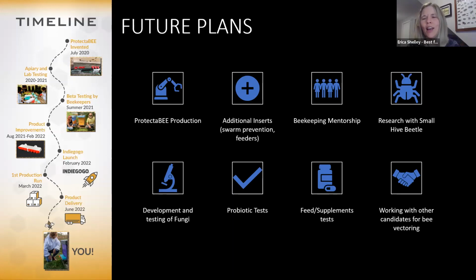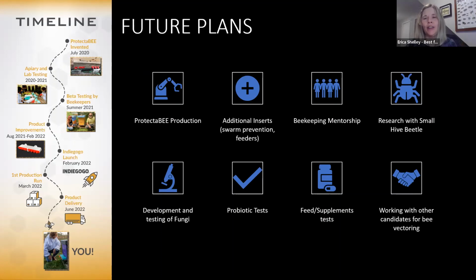We're also going to be offering up a beekeeping mentorship that actually is coming now with the Protectobee. If you buy the Protectobee, you get a 1-year beekeeping mentorship. And this is an online mentorship where people will get notifications of when they need to do their treatments or check for mites or pull their supers or prepare for winter or what they need to do in spring.